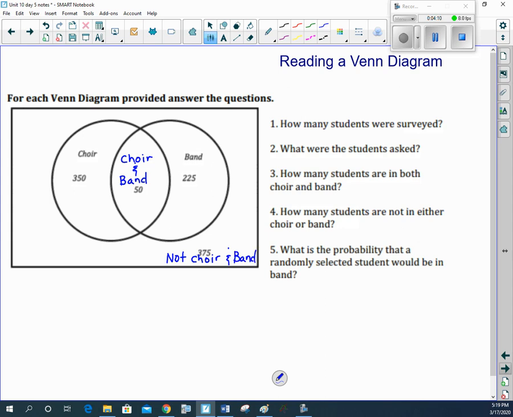But the people who are in neither choir nor band are on the outside. So how many students were surveyed? You'll have to go through and add up 350 plus 50 plus 225 plus 375. Add them all up and you should get 1,000.